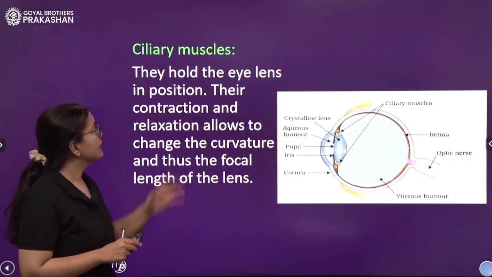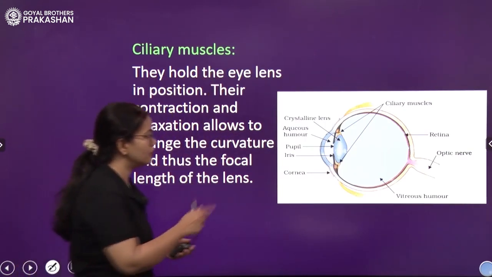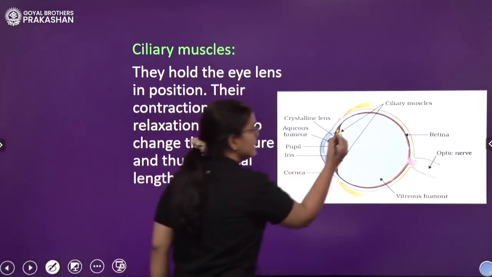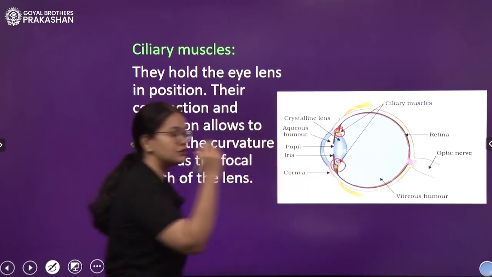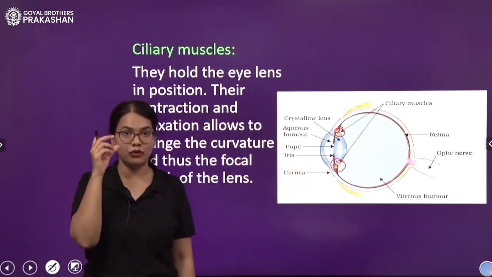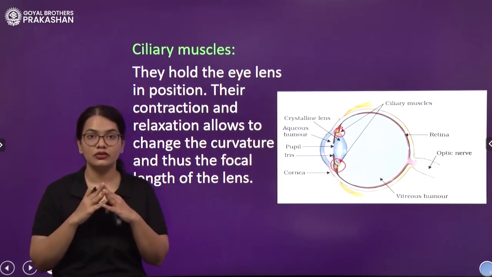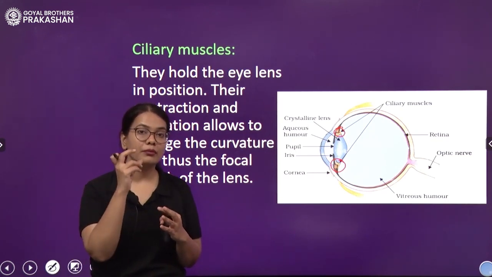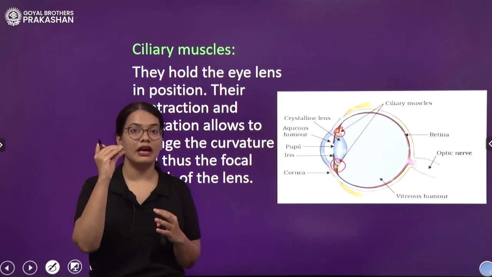Our next component is ciliary muscles. Now, what are ciliary muscles? See over on the diagram, these muscles over here. They are very close to our eyeballs. They are holding our eyeballs. And you must have studied in the biology class that muscles have a very important property that they can change their shape. They can become small, they can become large, right?